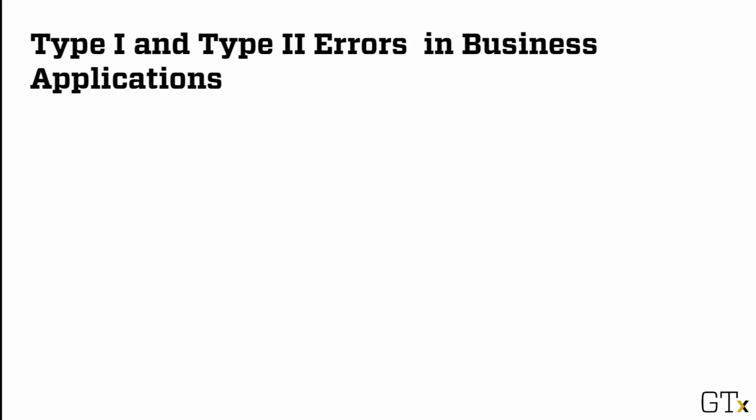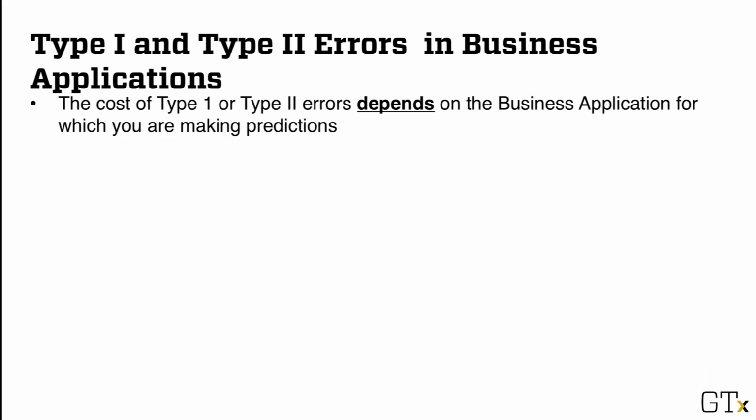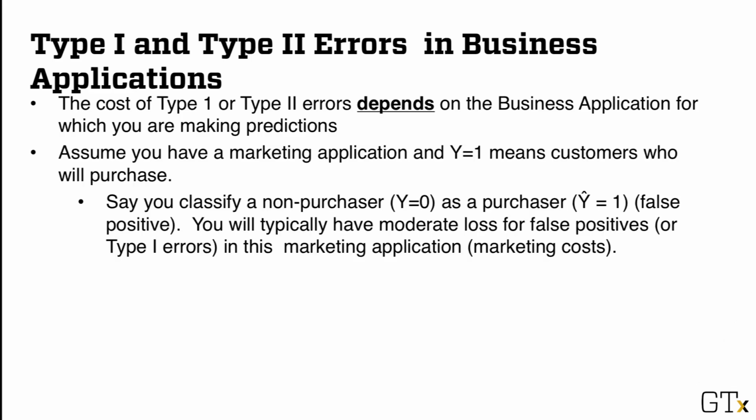So, type 1 and type 2 errors occur in business applications also, and the cost of making a type 1 or a type 2 error depends on the business application for which you are making predictions. Assume you have a marketing application and y equals 1 means customers who will purchase. Say you classify a non-purchaser, let us say using a logit model, as a purchaser.